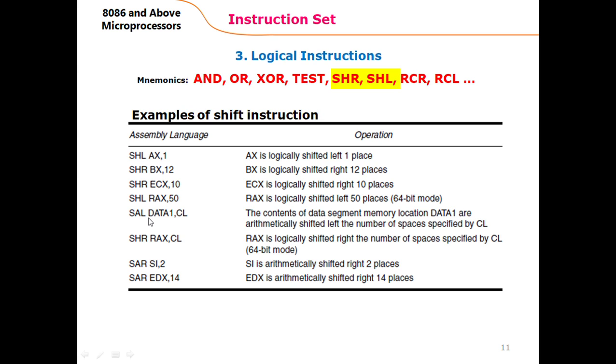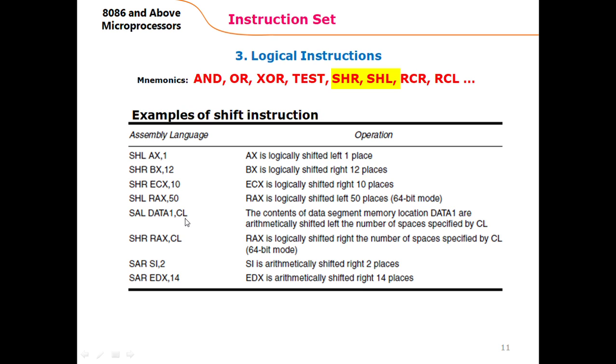This is using memory addressing mode, where shift left arithmetic. This instruction shifts the content of the data memory location addressed by this data 1 offset address by the number of places given in the CL register. So this CL register is an 8-bit register.